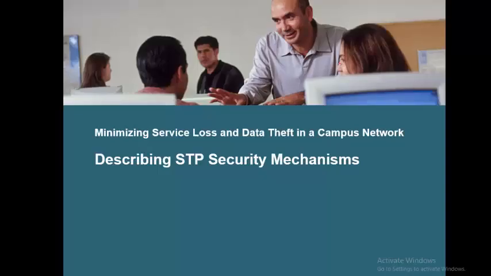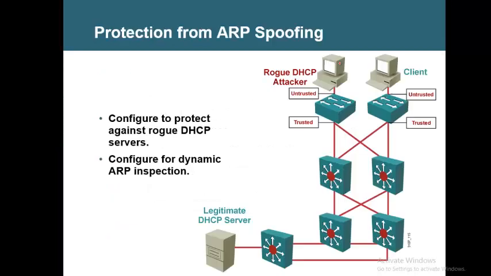So far we have seen the MAC flooding attack, the VLAN hopping attack, DHCP spoofing, ARP spoofing, IP source guard, and we have seen the mitigation techniques like port security, AAA, 802.1x, private VLAN, DHCP snooping, and dynamic ARP inspection.